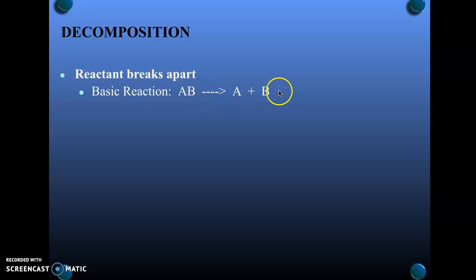And you will have to do that once we're done here. You'll have to be able to look at a list of reactions and figure out which type it is. Well, this is how you figure out this type. If you only see a single reactant, that's going to tell you decomposition. So it's a single reactant that breaks apart into multiple products.